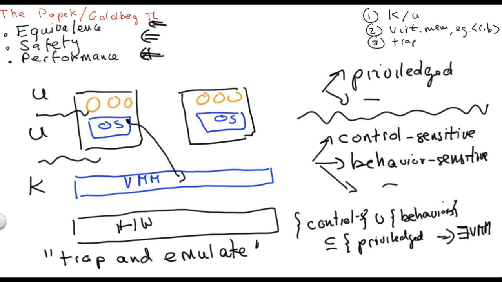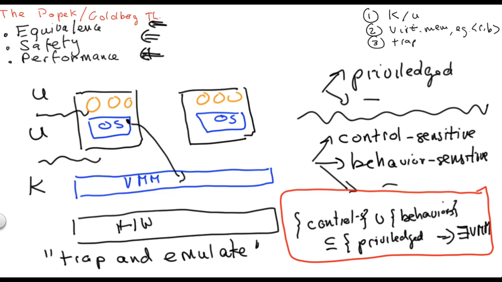Well, first let's take the case where you have a control sensitive instruction that is not privileged. For example, one that reads the bit that says whether you're in kernel mode or in user mode. Well, clearly if such an instruction exists, and if that instruction is executed as part of the operating system, the answer will be different whether you're running in a virtual machine or not in a virtual machine, and therefore you violate the equivalence property.